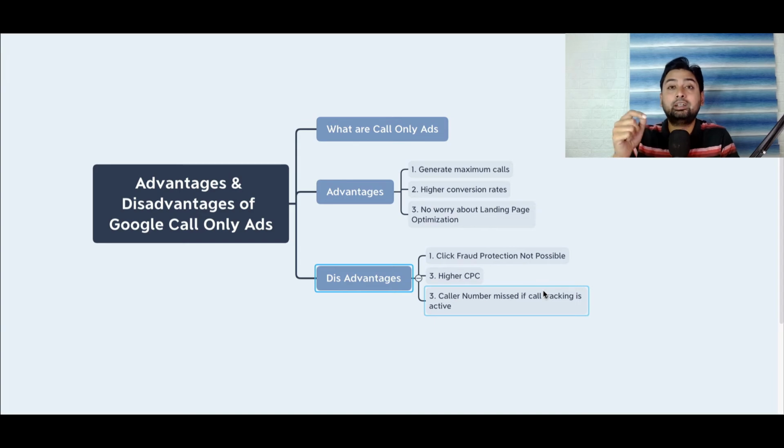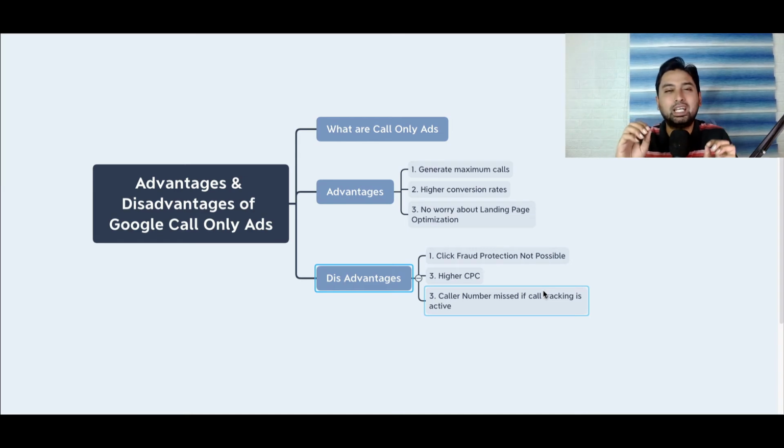They get it when the user lands on their website or landing page. But in the case of Google call only ads, there is no concept of going to the landing page, and everything is happening on the Google network itself. So you won't have the protection from third party apps, and click fraud protection is not possible, due to which you may be spending a lot of money.